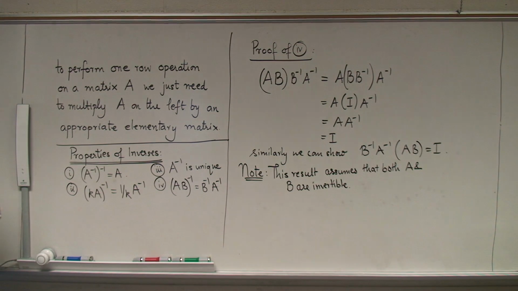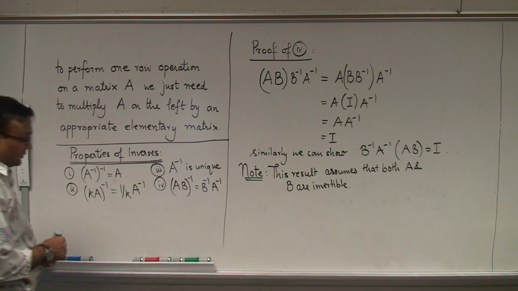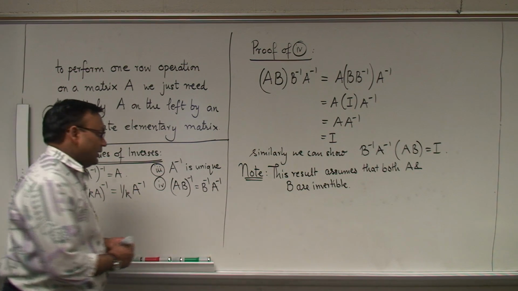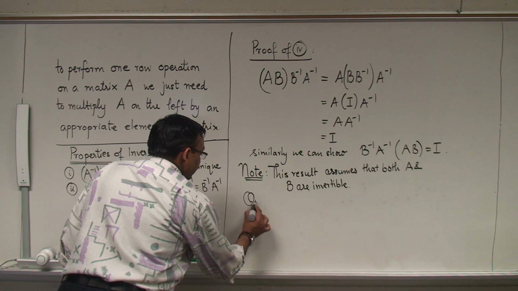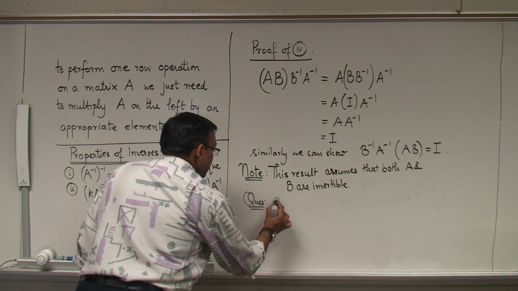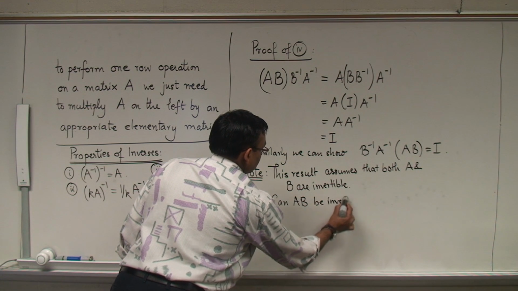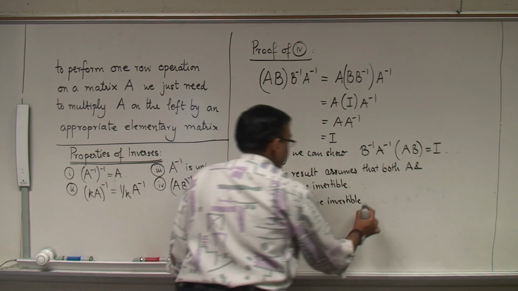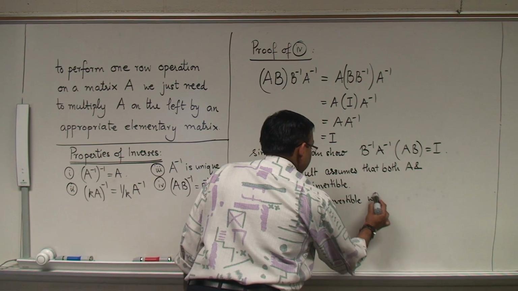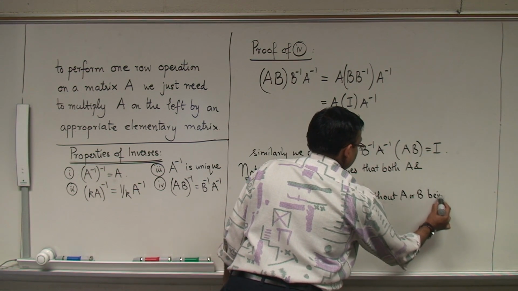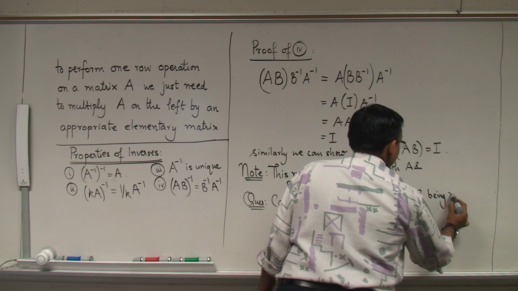So this result is assuming that both A and B are invertible, then the product will be invertible. So the question now is, is it possible that one of them is not invertible, maybe A or maybe B, and yet the product could be invertible? So this is the more important question we need to ask ourselves. Can A times B be invertible without A or B being invertible?